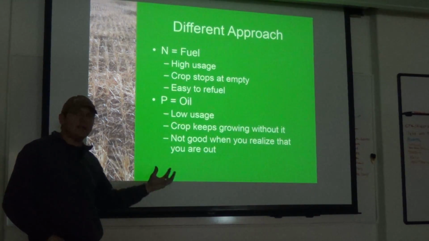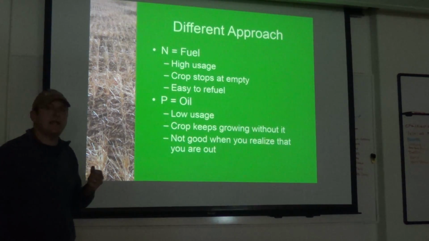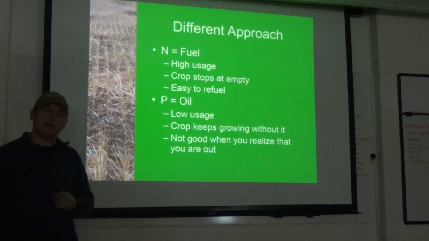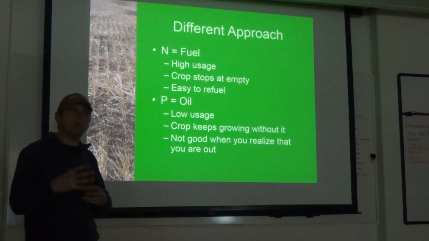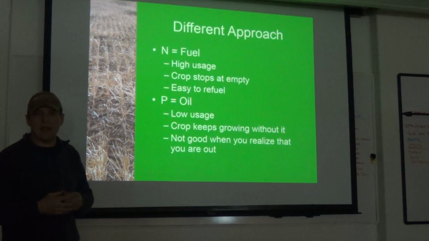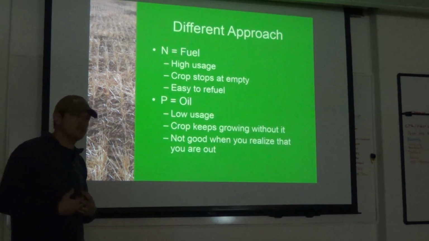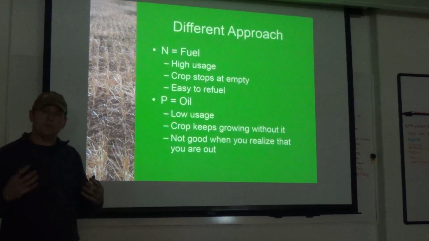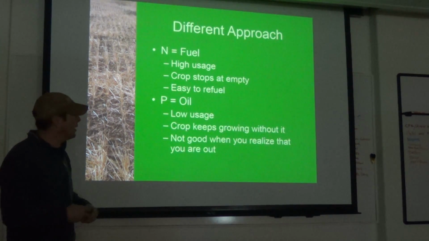So we've talked about nitrogen in the past and how important it is to plant growth. Now we're talking about phosphorus. And people sometimes confuse that these two are similar in how they act in the soil and how the plant takes them up. Well, I'm going to use the analogy of your fuel versus your oil in your car.